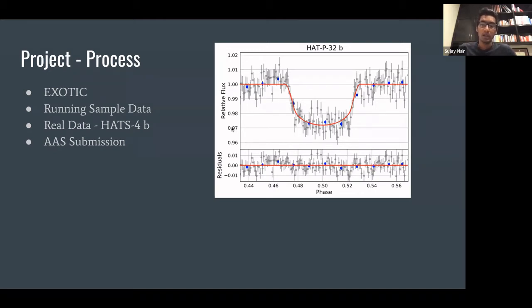Once we get a good understanding of the comparison stars, we'll find the mid-transit phase difference to see how off the existing mid-transit time in the NASA Exoplanet Archive is from what we got. Lastly, we'll put together our results into a poster format, which would be great for showing off our light curves, and submit that to the American Astronomical Society.